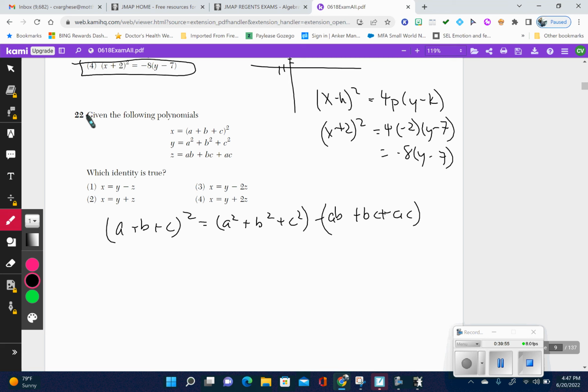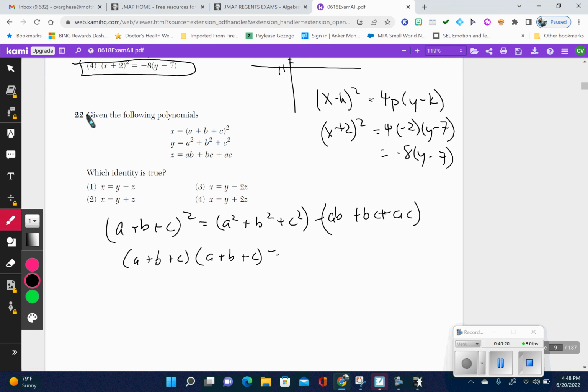See, when I get lazy, I just start combining stuff. So this one, when I FOIL out the (a + b + c) squared, we want to see if that's going to be the same thing. So this one right here is going to be (a + b + c) squared, which is (a + b + c)(a + b + c).